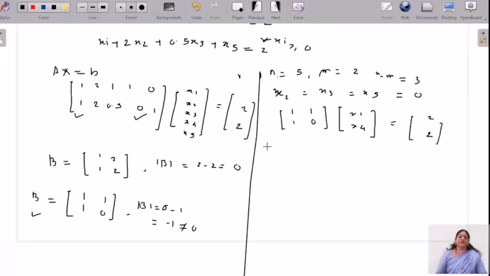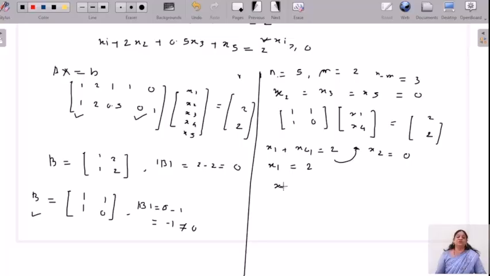Then solving these equations, x1 plus x4 equal to 2. Next is x1 equal to 2, because 1 into x1 is x1 plus 0 into x4 is 0. Therefore x1 equal to 2. If we put x1 equal to 2 in this equation, then we get x2 equal to 2 minus 2, which is 0.